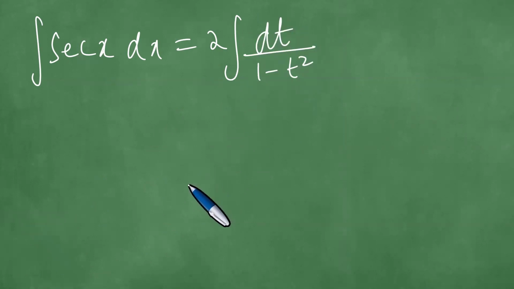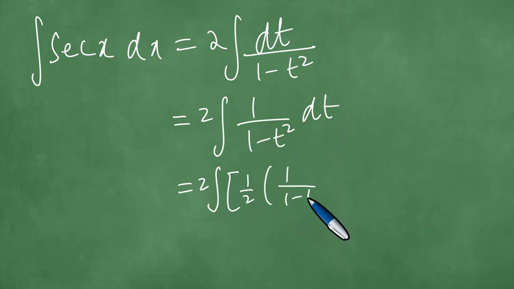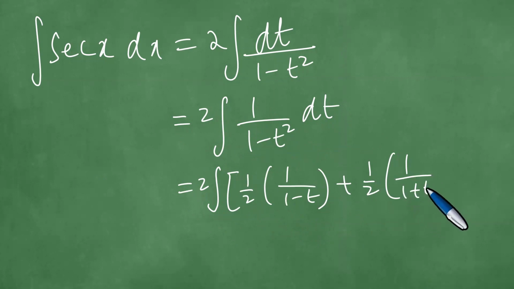Now we have this exactly. We remember from the partial fraction decomposition that 1 over 1 minus t squared, which we did in terms of u a few steps back, is the same as 1/2 times 1 over 1 minus t plus 1/2 times 1 over 1 plus t, dt.